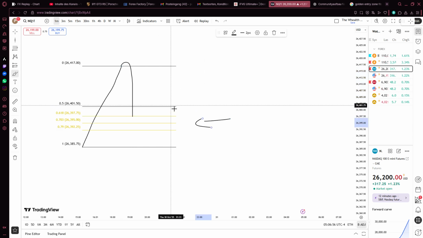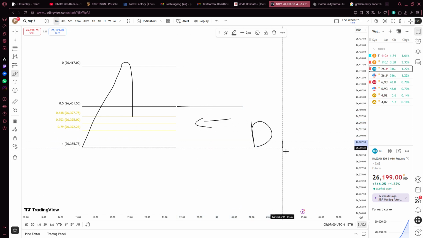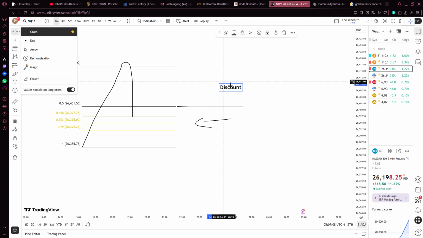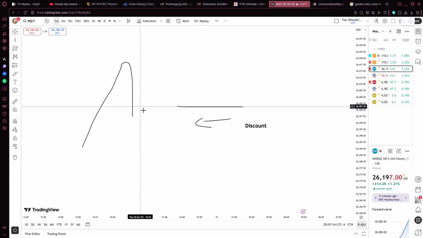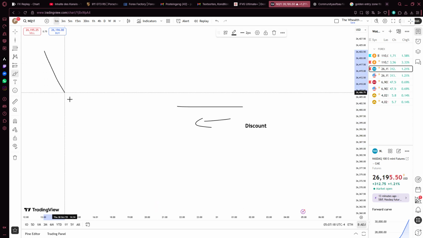This below the 0.5 mark is called discount. Why am I drawing it like this? It's called discount.